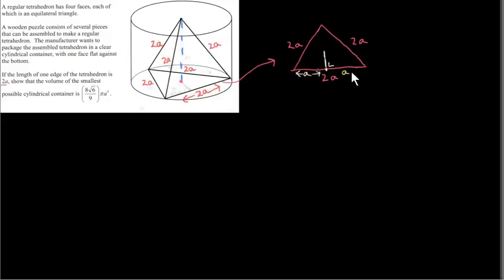And similarly over here, this is a. Then we get a second perpendicular bisector. We bisect this side here, get the midpoint, and draw in a line perpendicular to this side. So this is another perpendicular bisector. Where the two perpendicular bisectors meet, we have the circumcenter of this triangle.